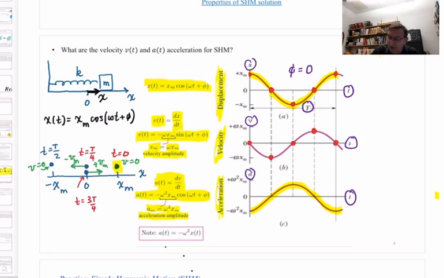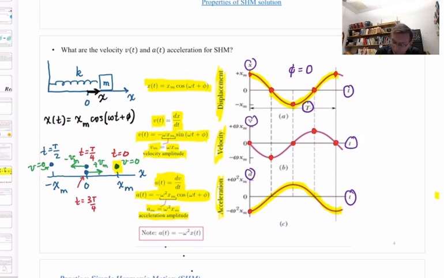And we should be able to go time by time down the acceleration curve and read off what the acceleration is. At time 0, the acceleration has its most negative value. Remember where the particle is? It's way over there, plus x max. So the acceleration is to the left, and its most negative value.